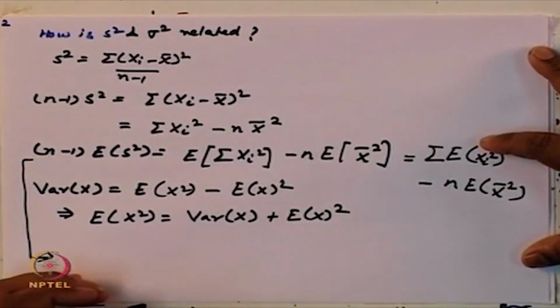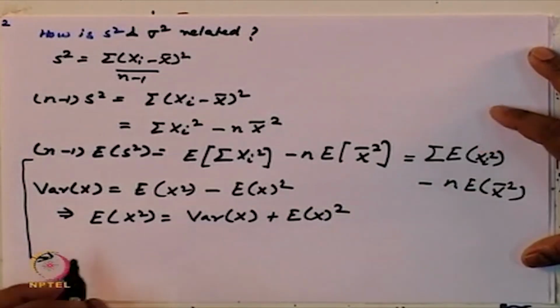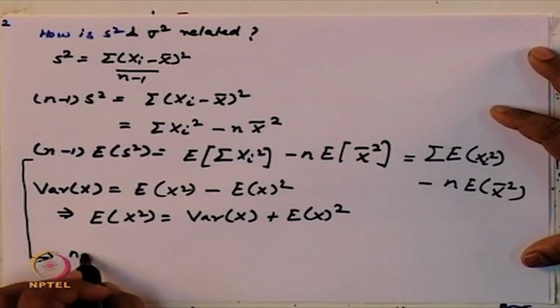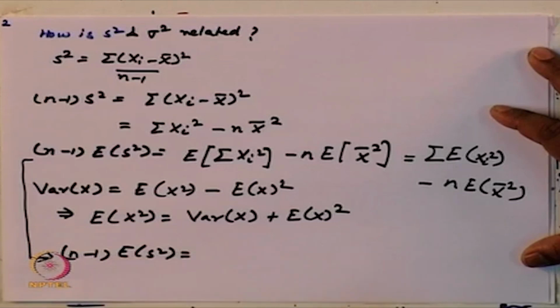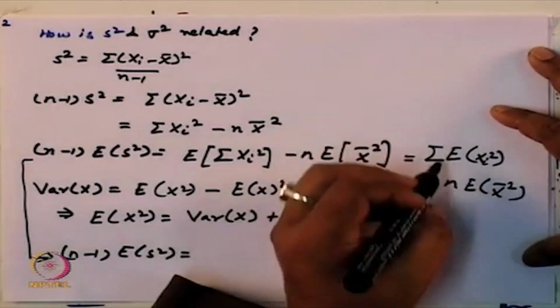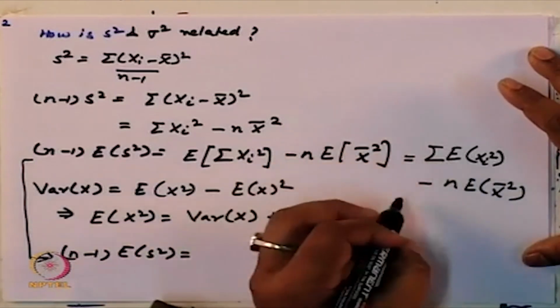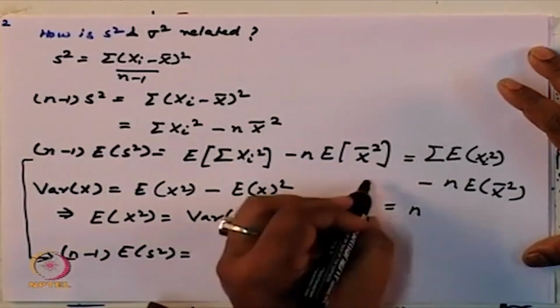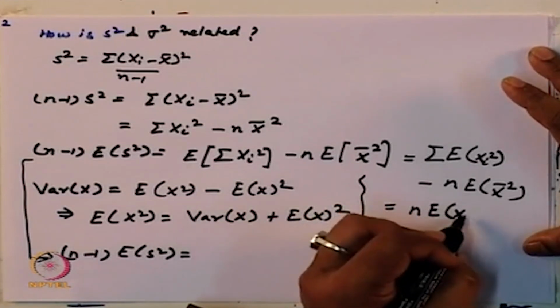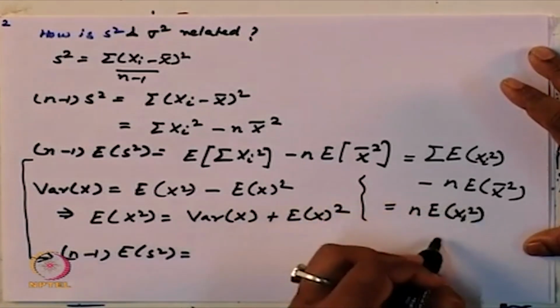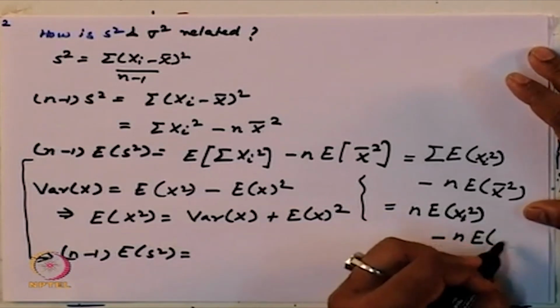Since each x I has the same mean, I can simplify it as n minus 1 times expectation of s square equal to n expectation of x1 square minus n expectation of x bar square.